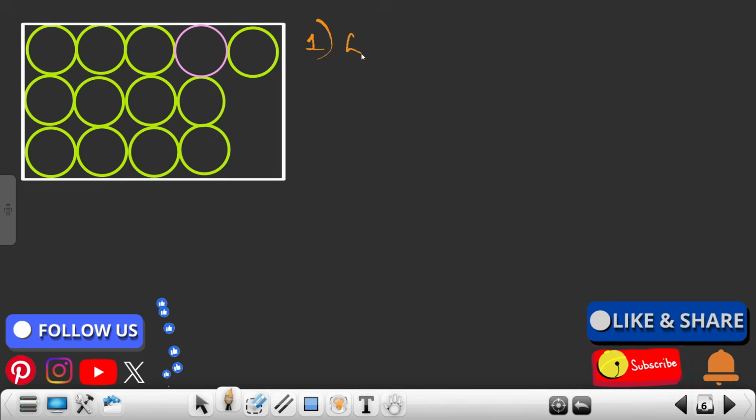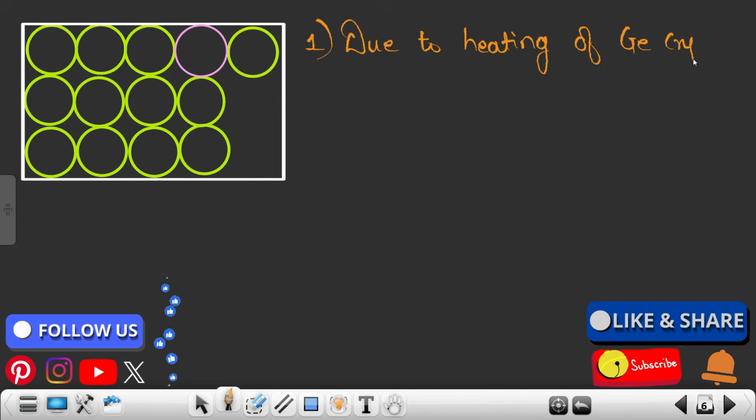Due to heating of germanium crystal, the intermolecular spaces, expansion. I just need to focus upon this particular point.